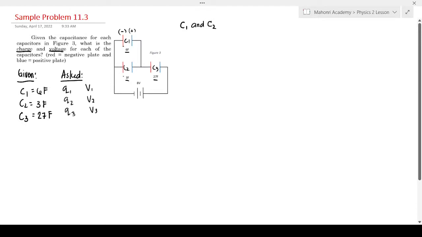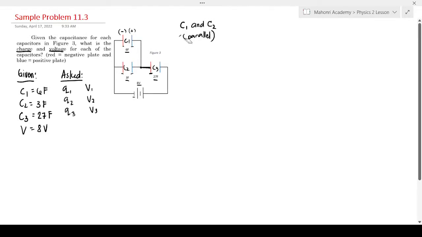Because if you look at the negative plates for each of these capacitors, the negative plates are all connected to one terminal of your voltage. So the voltage is also given. And notice that the other plates are also connected by a junction, not on the voltage, but they're connected to one of the plates of your capacitors. And this tells you that C1 and C2 are actually in a parallel combination, right?